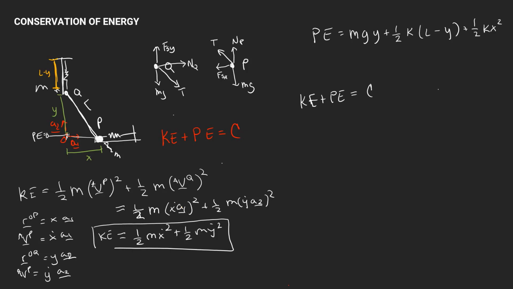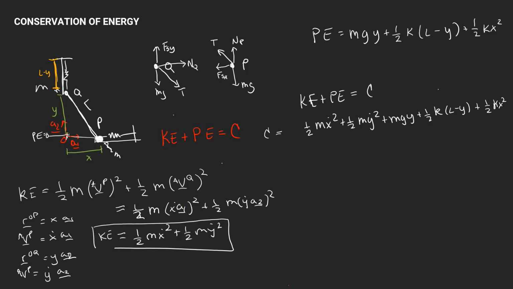So what you get is 1/2 m x dot squared plus 1/2 m y dot squared plus m g y plus 1/2 k (L minus y) plus 1/2 k x squared. And that's going to equal, I'm just going to draw it over here, some constant.